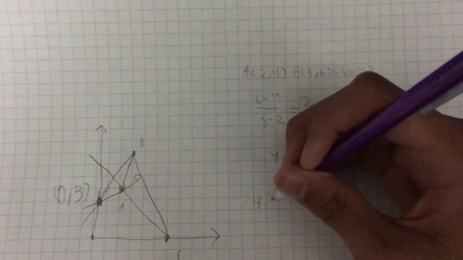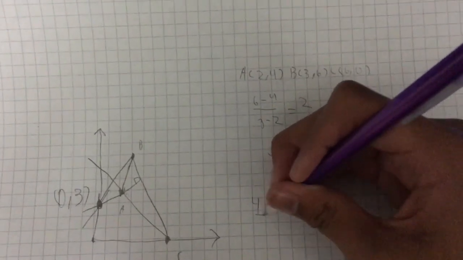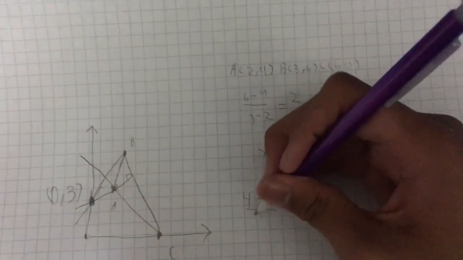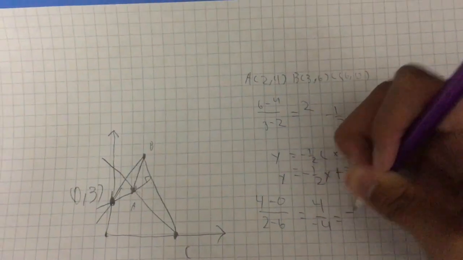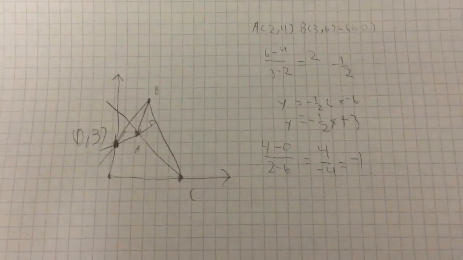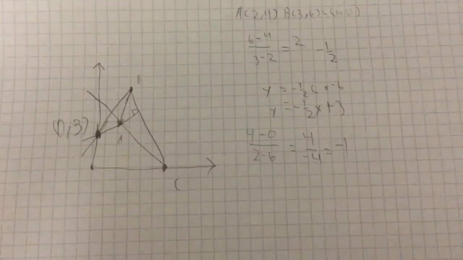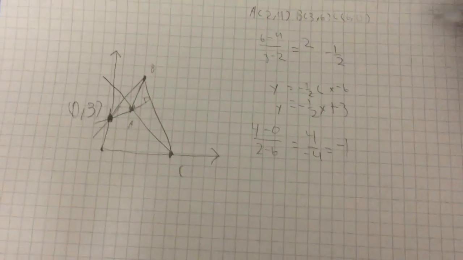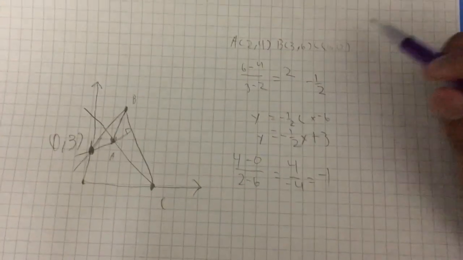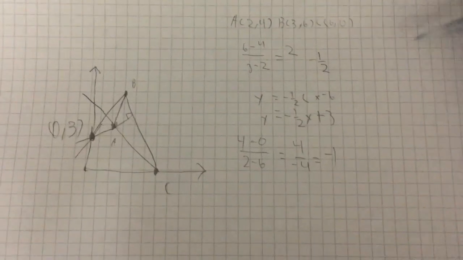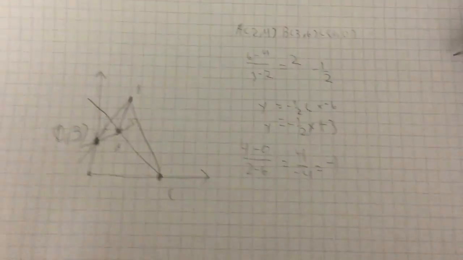So 4 minus 0 over 2 minus 6 is equal to 4 over -4, which is equal to -1. And since -1 times 1 is equal to -1, the altitude containing B must have a slope of 1.